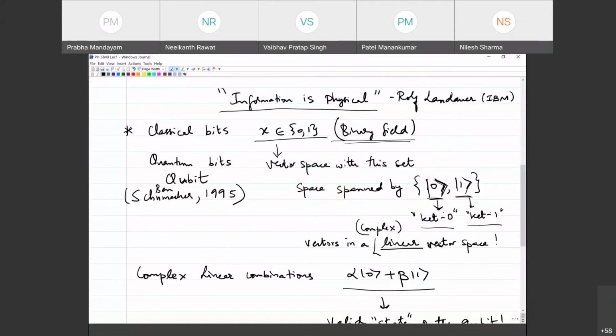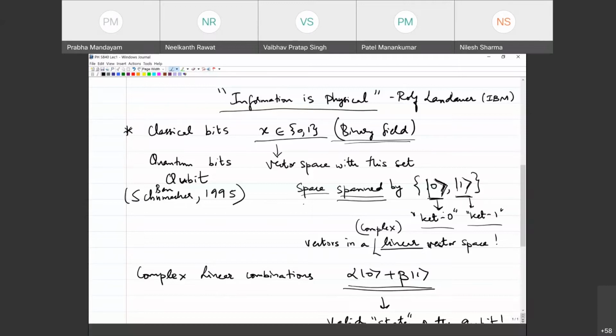But the description doesn't stop there. It is not that the quantum bit can exist only in the 0 state or the 1 state, but the quantum bit actually lives in a linear vector space, a space that is spanned. And this is what I mean by span: any linear combination of these two objects is also a valid element of this space.